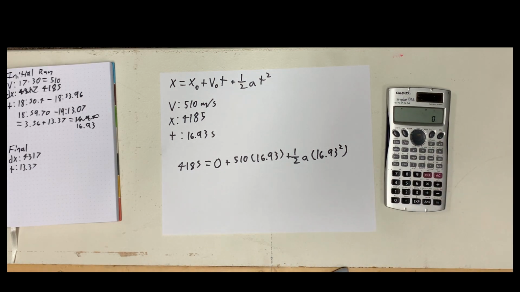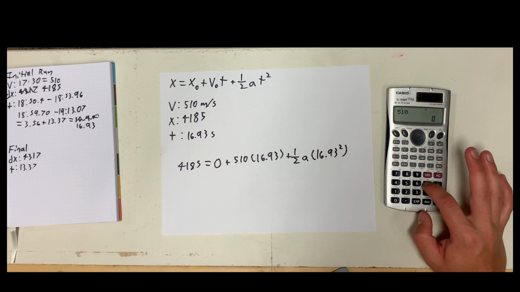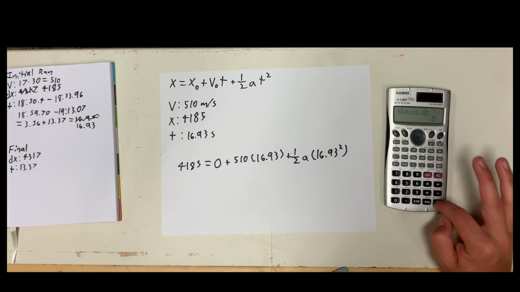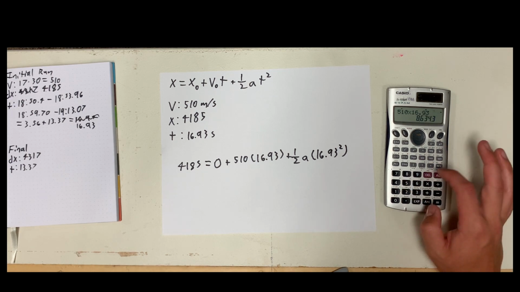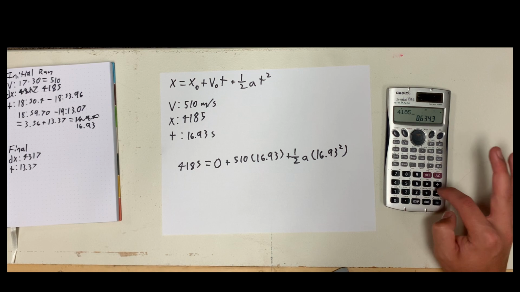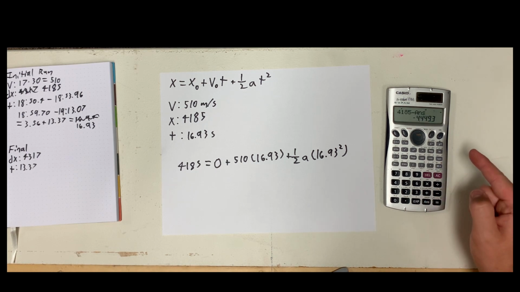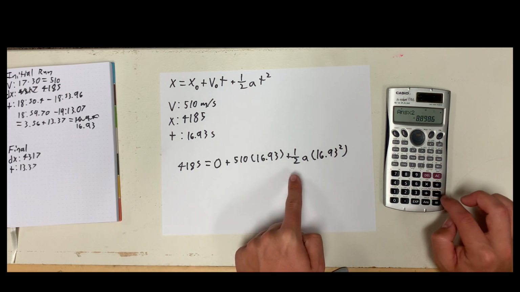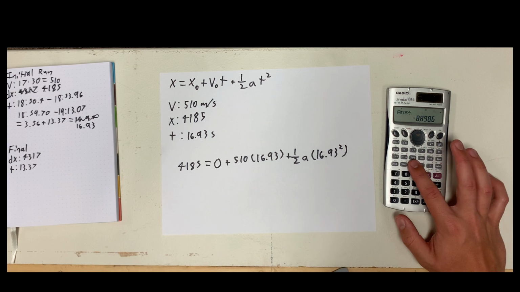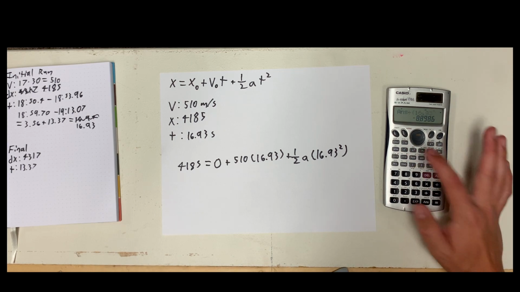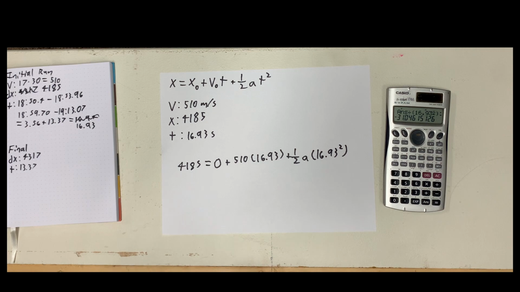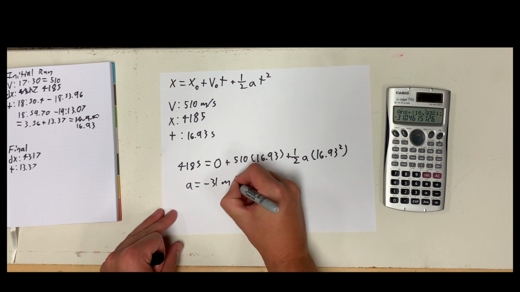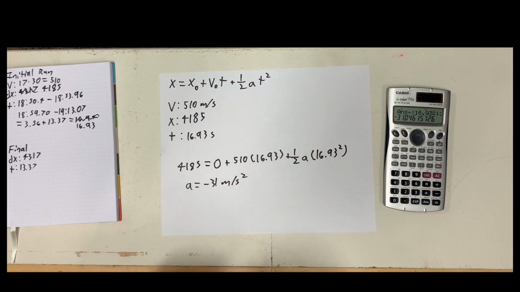So 510 times 16.93, and then 4185 minus that answer. So now we're going to multiply that by 2 to get rid of the 1/2, and we're going to divide it by 16.93 squared. And once we do that, we get that our A is equal to negative 31 meters per second squared. Alright, so perfect.